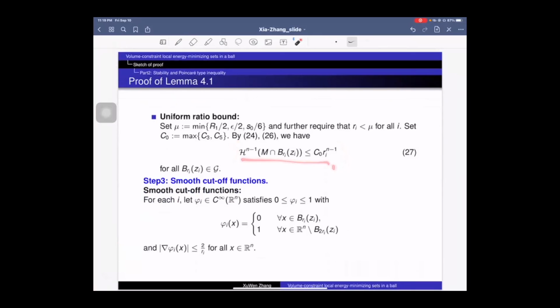So by this, we can construct the smooth cutoff functions. First, we construct smooth cutoff functions near every covering ball by defining phi I to vanish inside B_{Ri}(Zi) and to be identically 1 outside the concentric ball of twice the radius, where the gradient of such smooth cutoff functions is bounded by 2 over Ri.